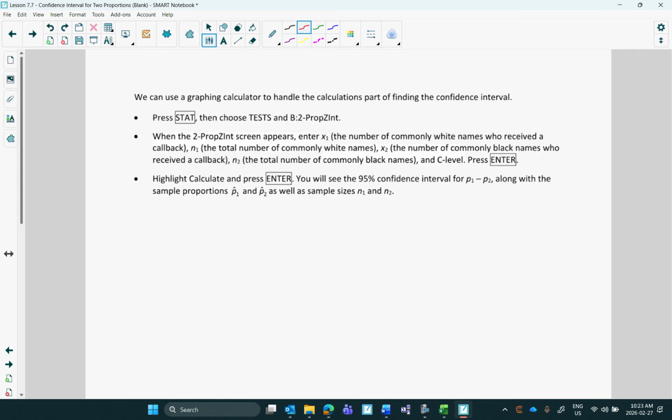So you see you've got 5 things to fill in now. You've got the number of white names that got a call back over the sample size. Then you've got the number of black names that got a call back over the sample size, and then a C level of 0.95. So we're doing 2 prop Z int.